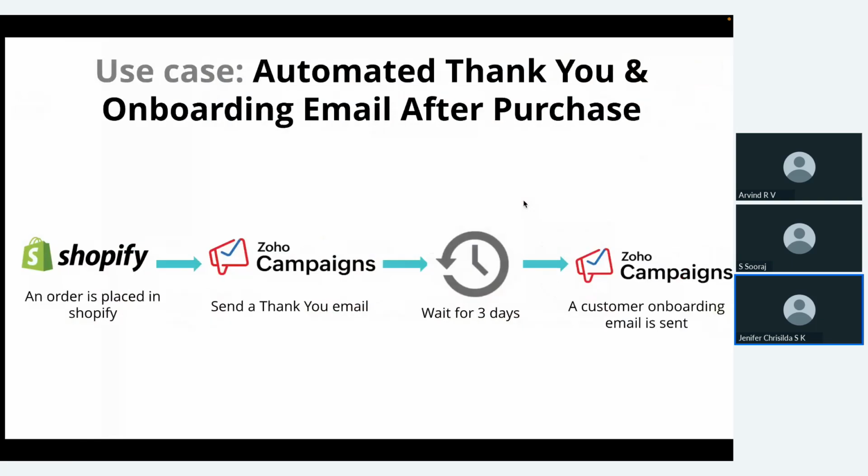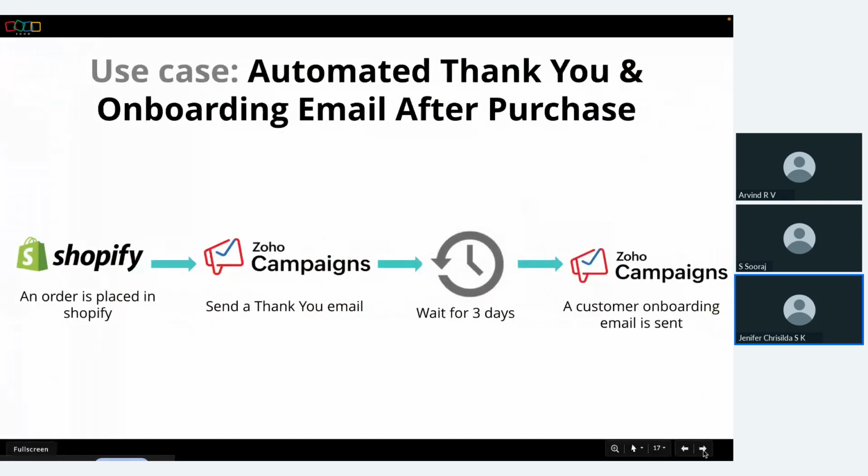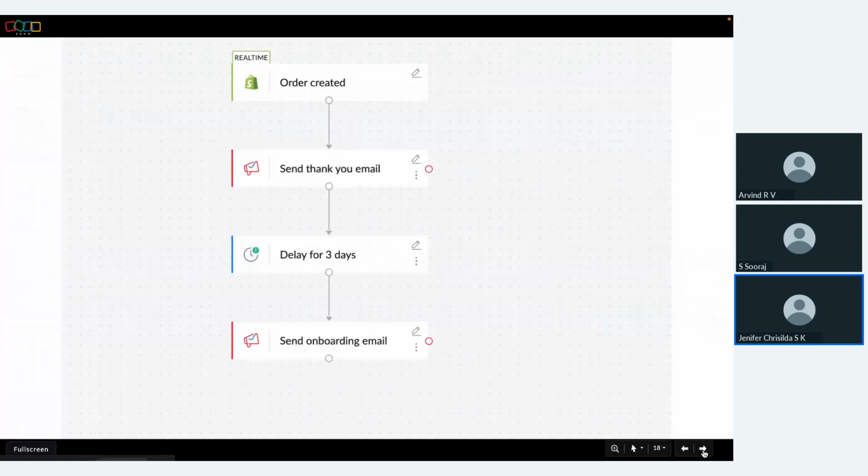So what can you expect when you automate such tasks? Automated onboarding emails provide helpful resources, and you can also eliminate the need for manual follow-ups. So you're allowing your team basically to focus on more strategic tasks here.